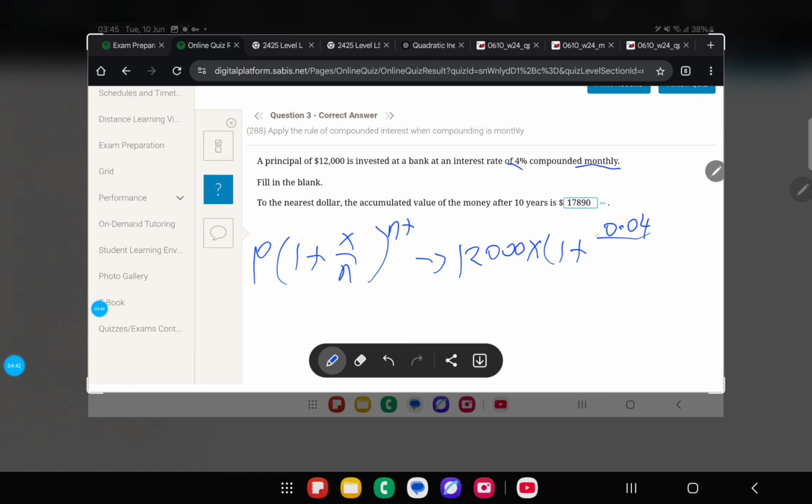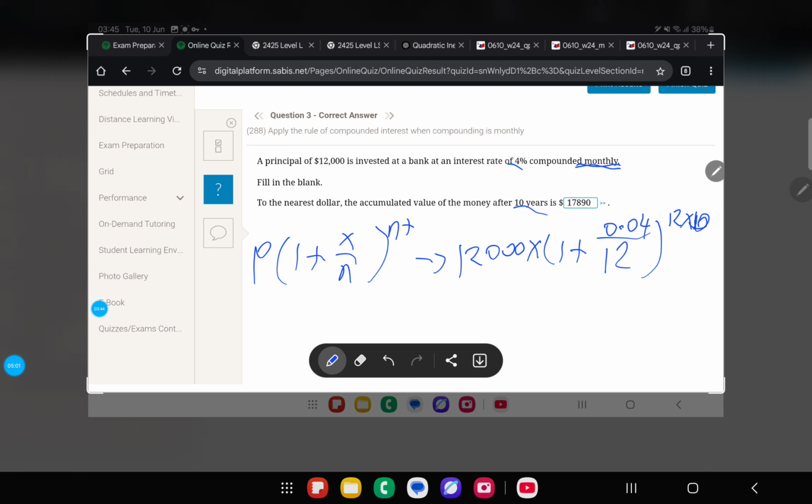What's n? It's going to be 12, right? Compounded monthly. How many months are in 1 year? 12. So you make it the power of n, 12 times 10 years, which is 10. Right?